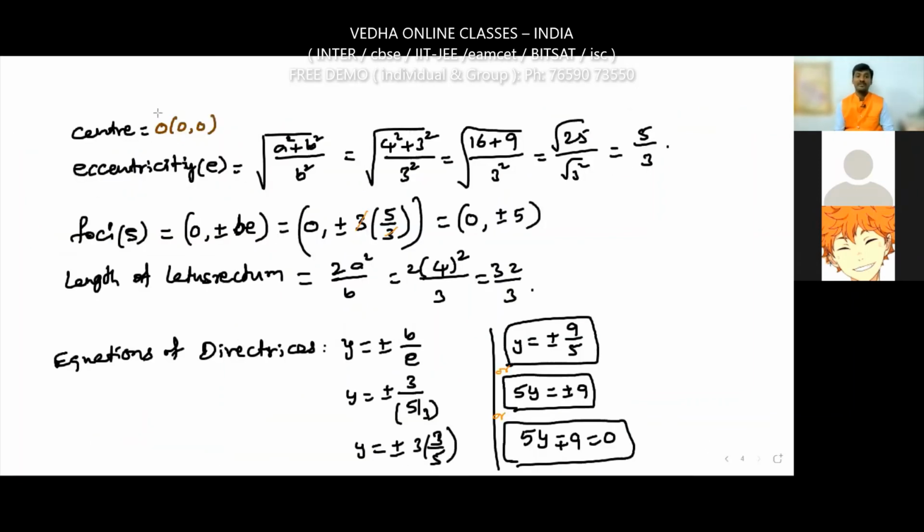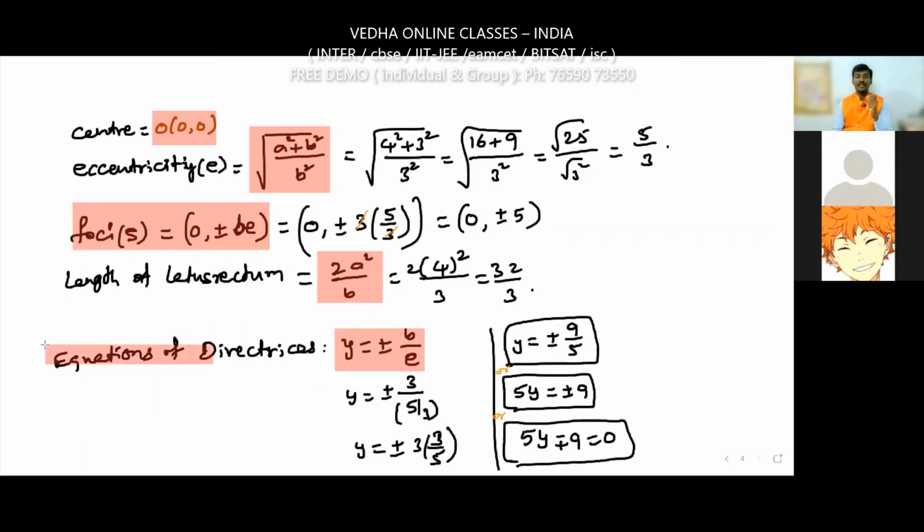For that hyperbola, the center is 0, 0, and the eccentricity is under root of a square plus b square divided by b square, and the foci of the hyperbola are 0, plus or minus be, and the length of latus rectum is 2a square by b, and the equation of directrices is y is equal to plus or minus b by e. These are the formulas we used in this solution.